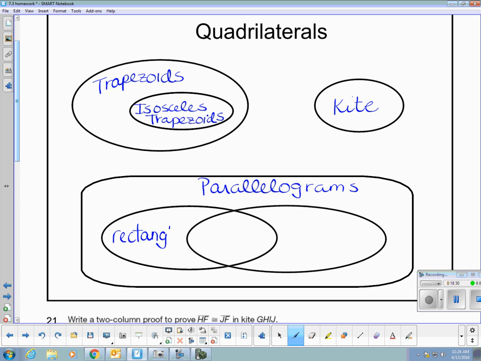One family is the family of rectangles. The other family is the family of rhombuses. And the square belongs to both the rectangle and the rhombus family, and obviously is part of the parallelogram family.